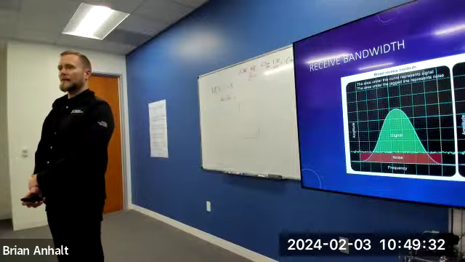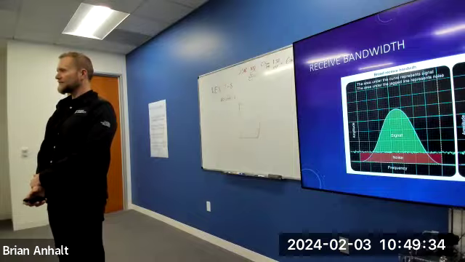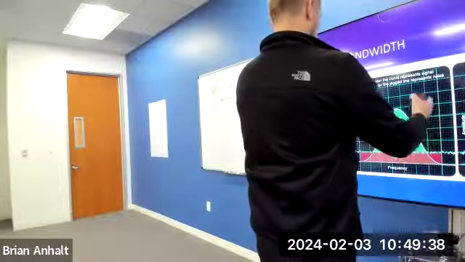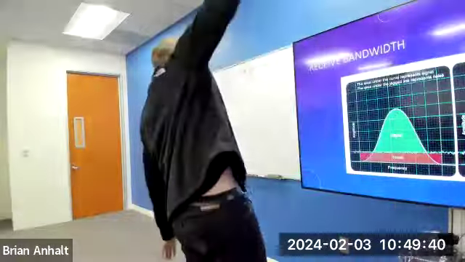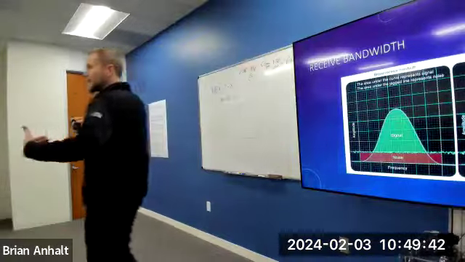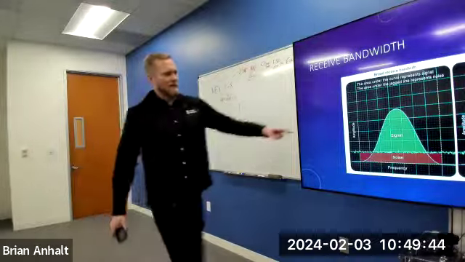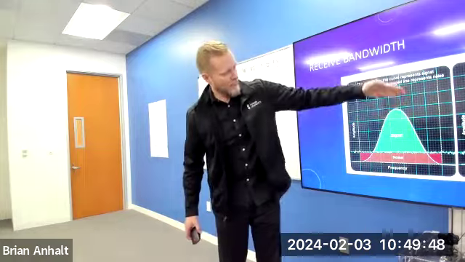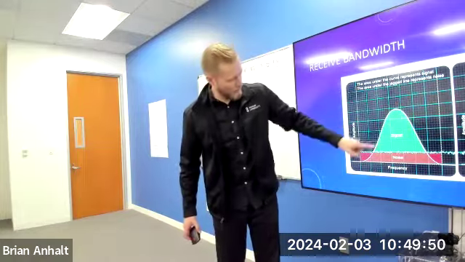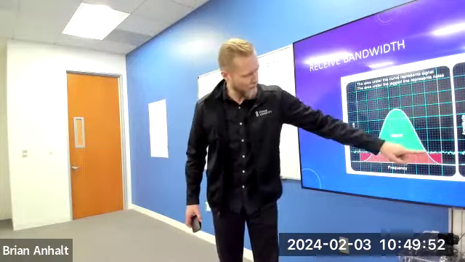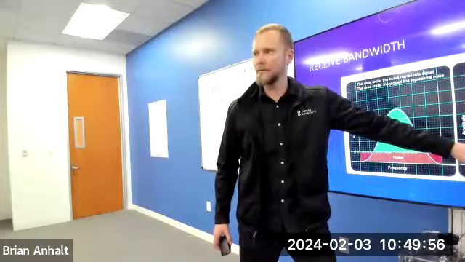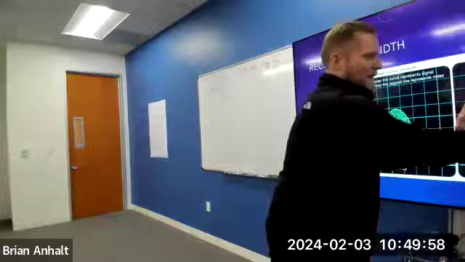For those of you who like math and science and diagrams, here is a wide bandwidth. A wide bandwidth, high amplitude gradient, creating a large range of frequencies, right? The signal, even though the amplitude of the signal here looks like it's lower, the total signal is cumulative. So the area under this curve equals the area under this curve. This is a lower range of frequencies that we're sampling.